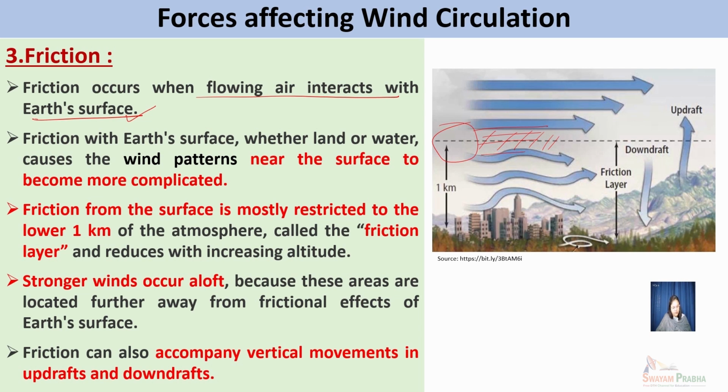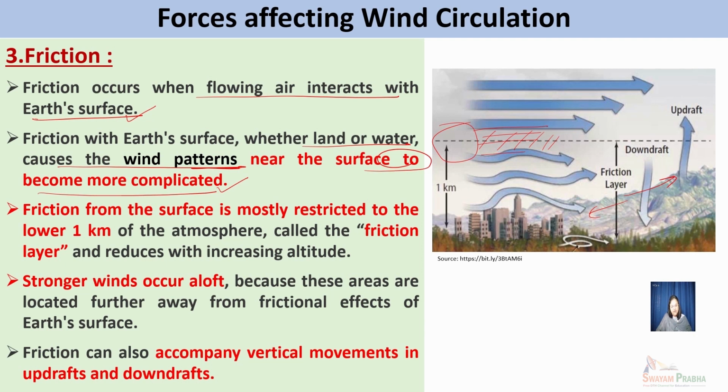So friction with Earth's surface, whether land or water, causes the wind pattern near the Earth's surface to become more complicated. When the air interacts with the ground, some of it is forced to ascend a topographical barrier like a mountain, or it may descend into a valley region, or it may circulate around trees or buildings or other constructed features.